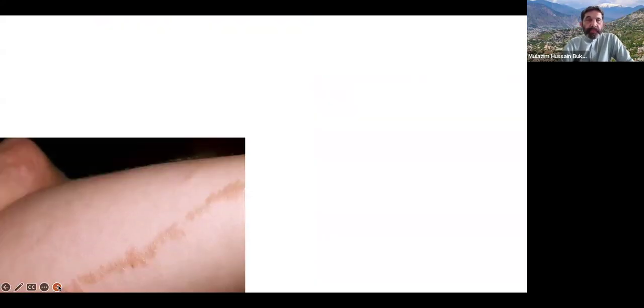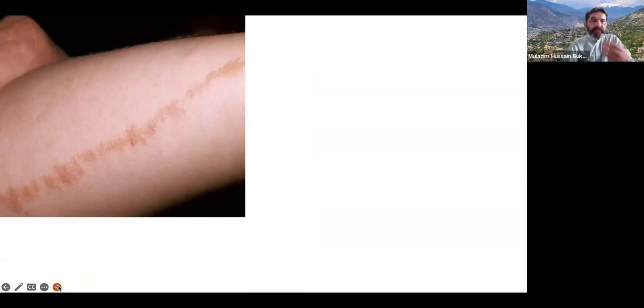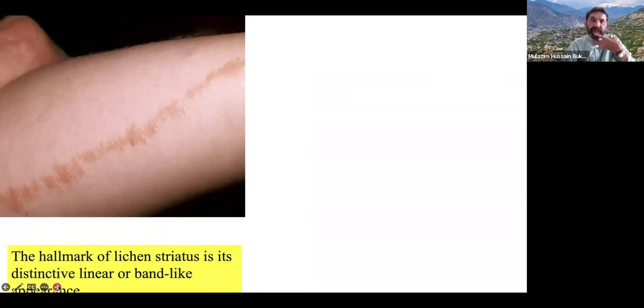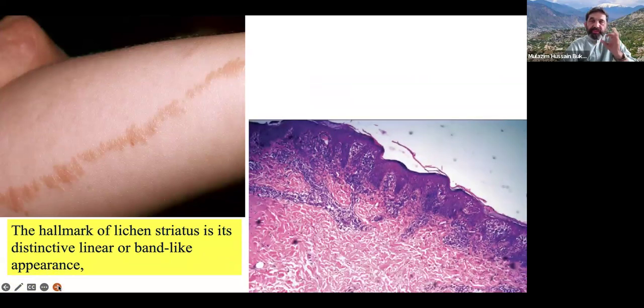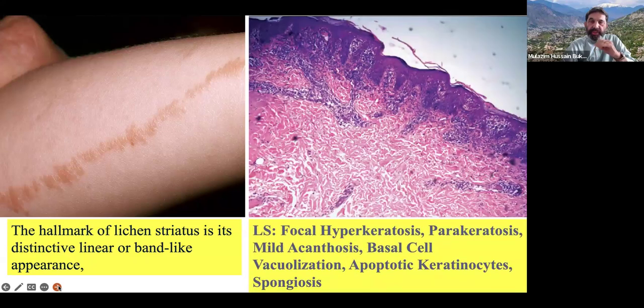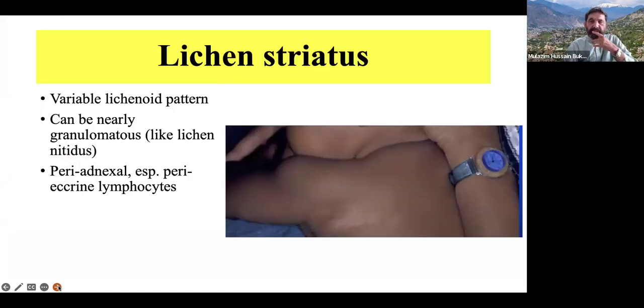And this is the linear picture present. There is a classical picture; the clinician will tell you that this is the hallmark of lichen striatus, a distinct linear band-like picture. On histopathology in Ackerman, you will see focal, localized involvement, not all the area is involved, with mild acanthosis and mild spongiosis in lichen striatus.